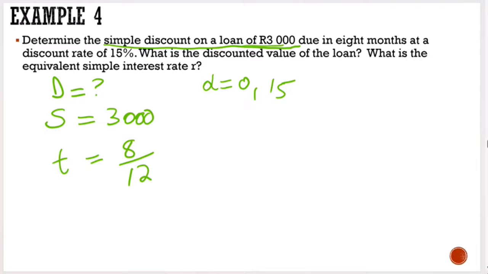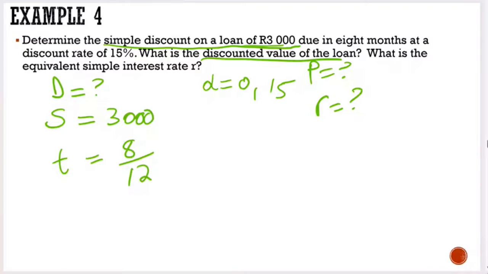Okay, so this is another word. When you see the word discounted value, that means that is your P. Okay, so now what is an equivalent simple interest rate? And then you are asked two things here.